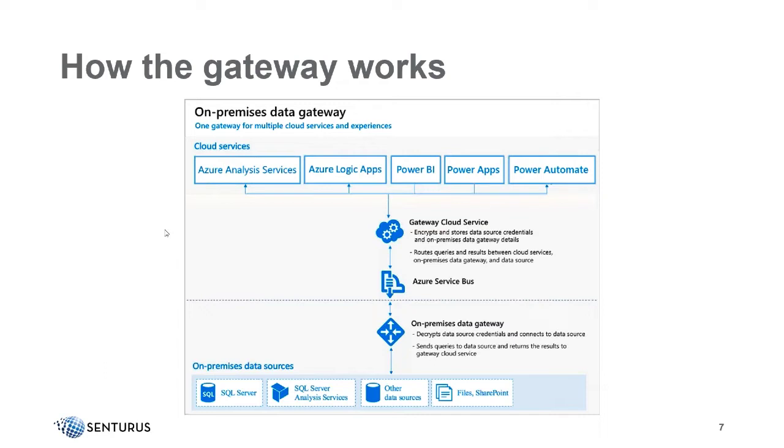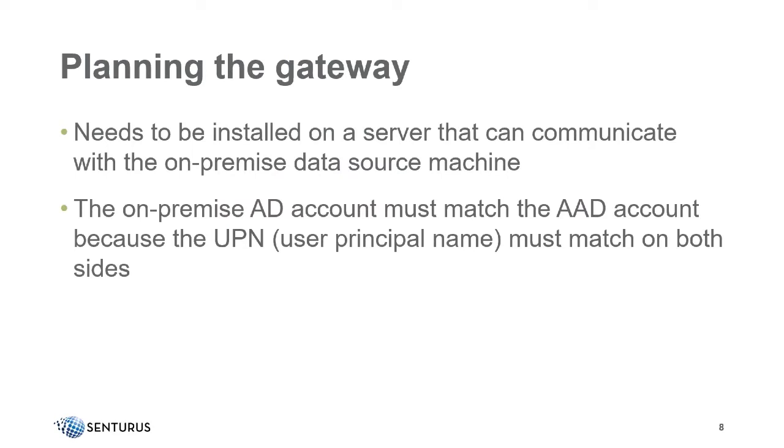Okay? So speaking of, where does the gateway need to be installed? It needs to be installed on a server that can communicate with the on-premise data source machine. Okay? So if we're talking about connecting to a file, and that file is on somebody's desktop, that's a dangerous way to go in some cases, because we've got to make sure that machine stays on, that machine is up and running, that they don't log it out or take it on vacation with them.